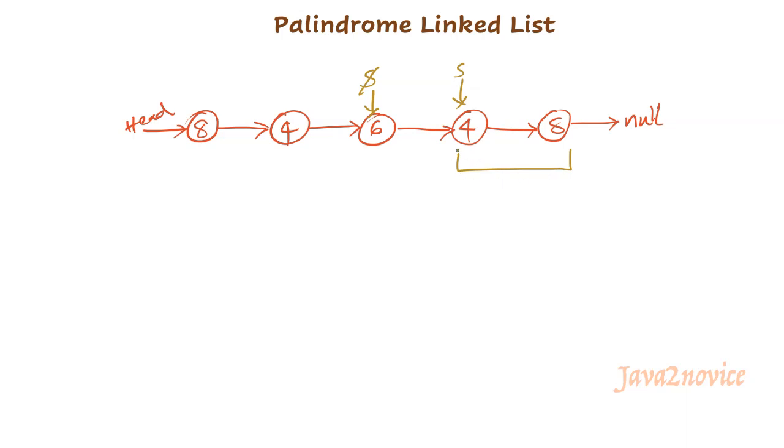After reversal, 8 will be here, 4 will be here. Let's compare now. 8, 8, 4, 4. What about the mid node? We don't need any comparison for the mid node in this case. It is good enough to compare nodes on both sides of the mid node. So this is the logic for finding whether a given linked list is a palindrome or not.